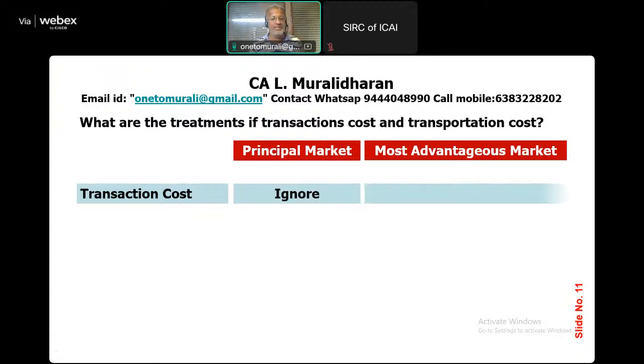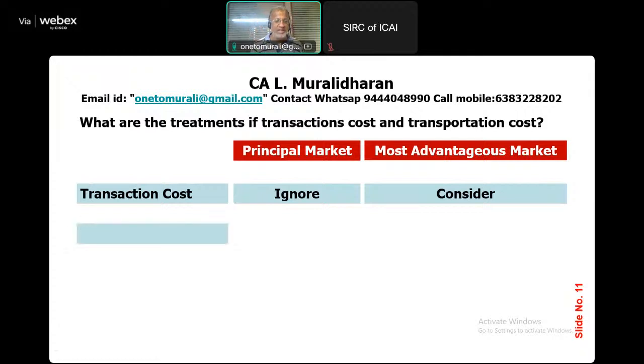In the principal market, transaction cost has got to be ignored because of greater volume, and normally transaction cost will be negligible, insignificant, you can tell. That is the reason why it is to be ignored. In the most advantageous market, that is going to be a very important component, so that should be considered.